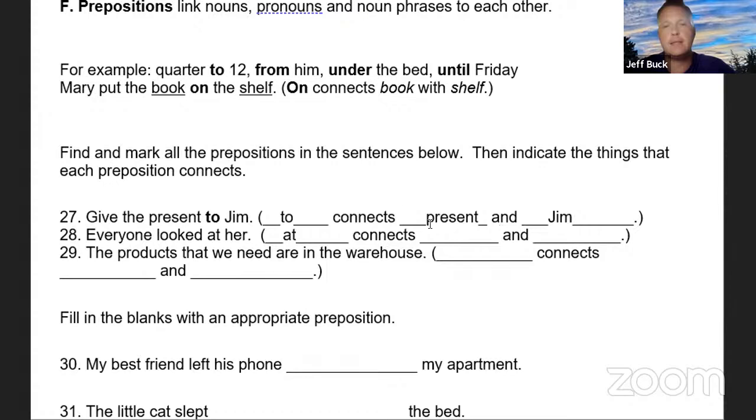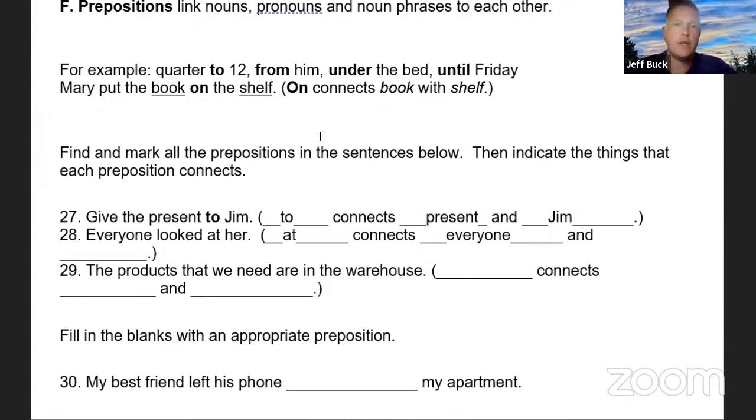So "at" would connect, we're talking about nouns, pronouns, and noun phrases, everyone and her. Kind of looks like it connects look and her. All right, the products that we need are in the warehouse. So "in" connects products and warehouse.